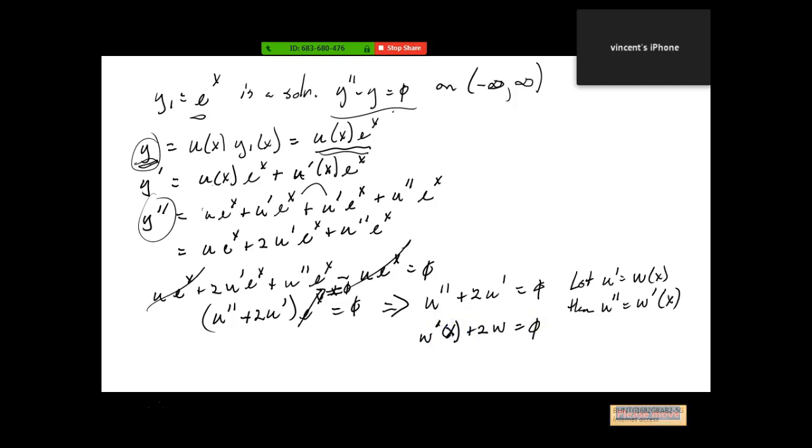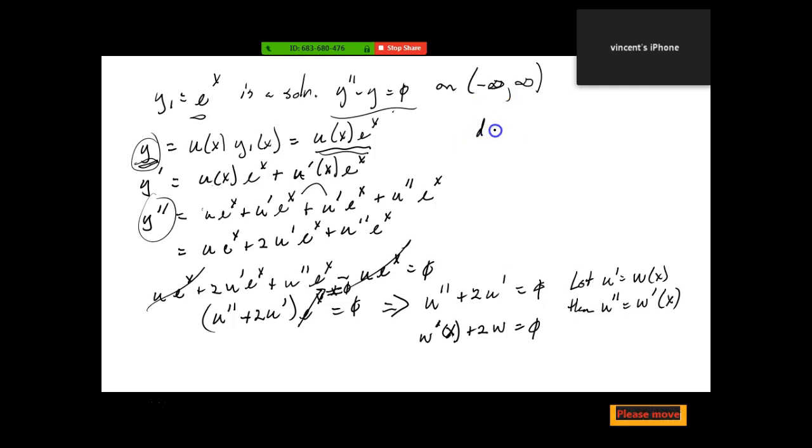Well, that's a linear differential equation. So we just reduced the order from a second order differential equation to a first order. If we can find the solution of that one, we'll be in good shape. Let's rewrite this again ever so slightly.